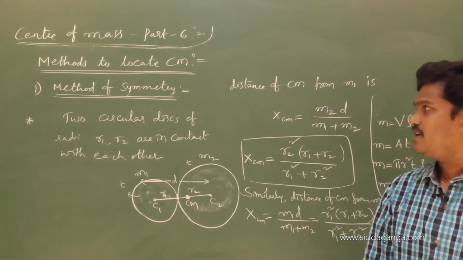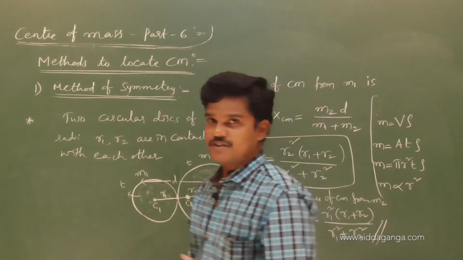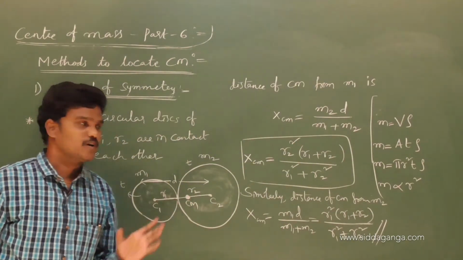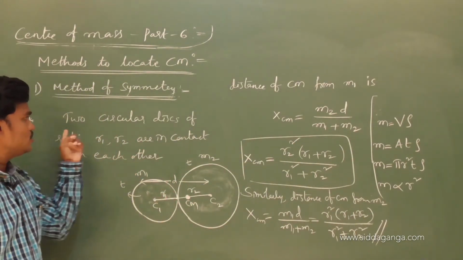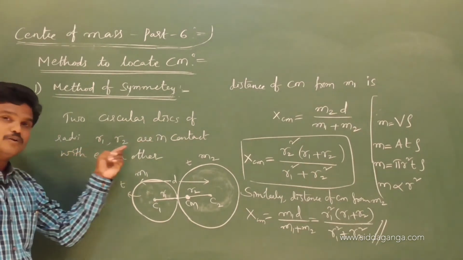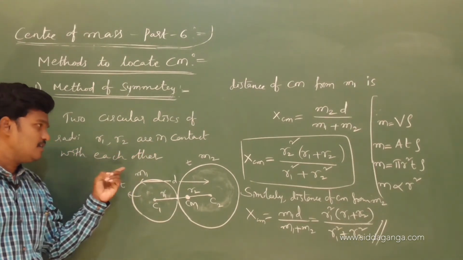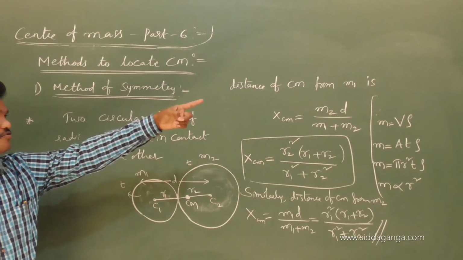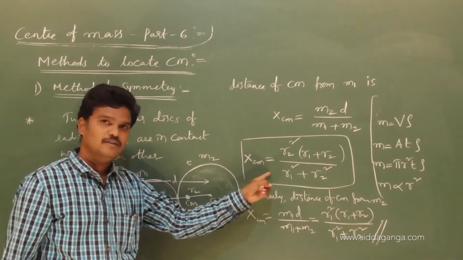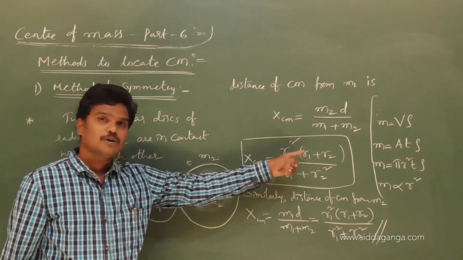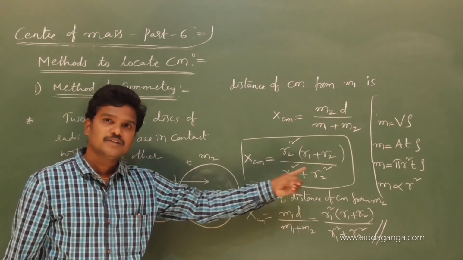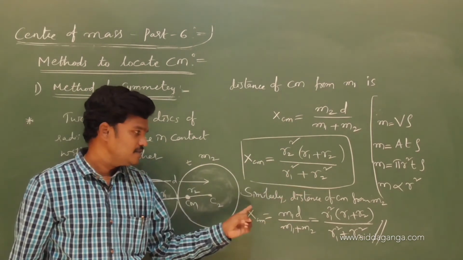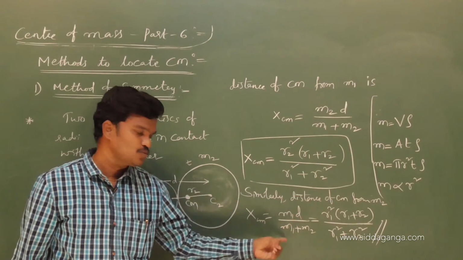So I started the first concept, the method of symmetry. Two circular discs of radii R1 and R2 are in contact with each other. Then the distance of the center of mass from the first disc is R2 square into R1 plus R2 by R1 square plus R2 square, and similarly the distance from M2.